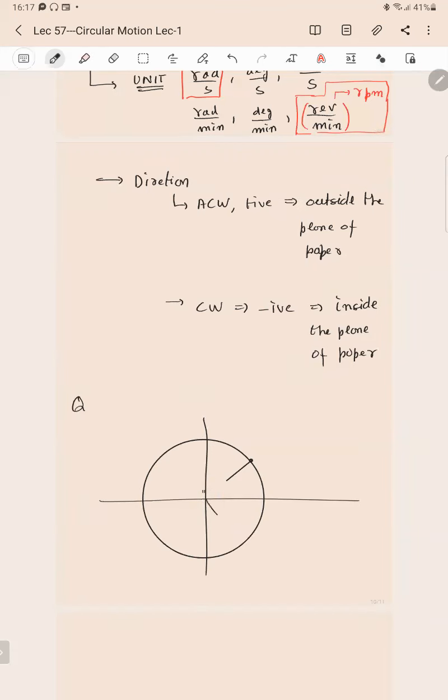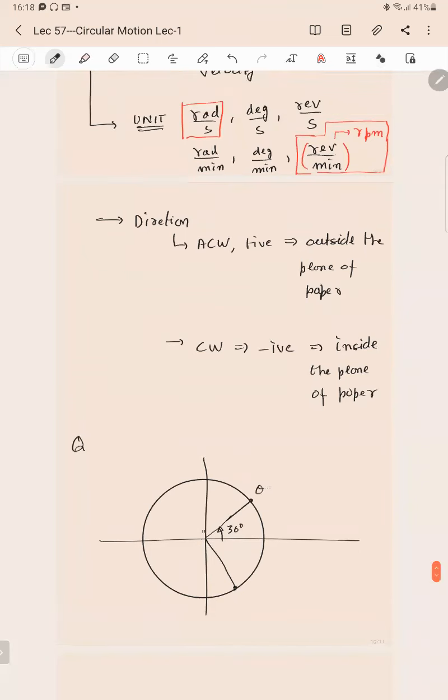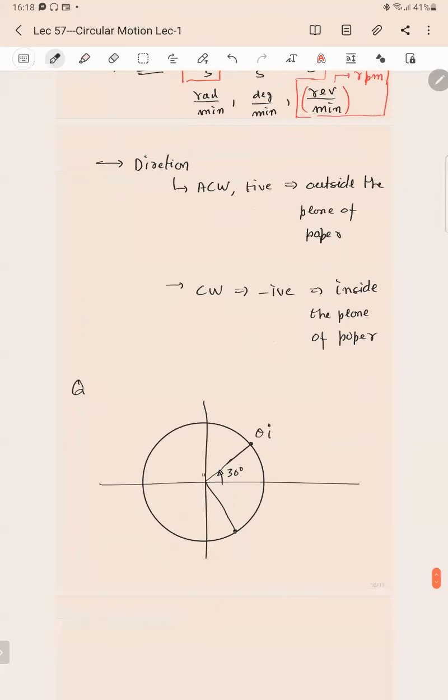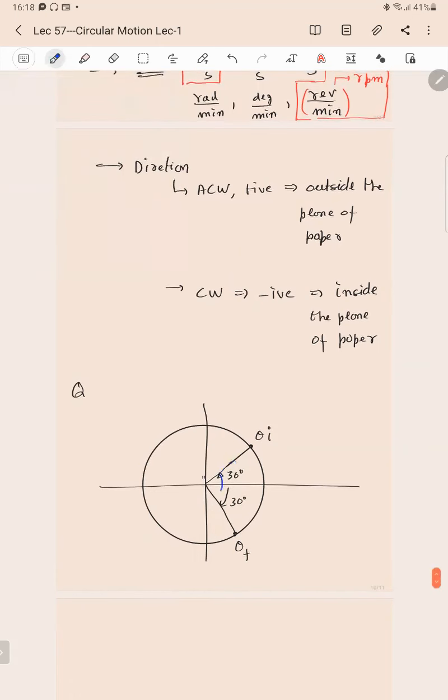So initially, the particle is at 30°. This is the initial position, and this is the final position. Now, how did the particle come here? The particle simply came like this, in this sense.